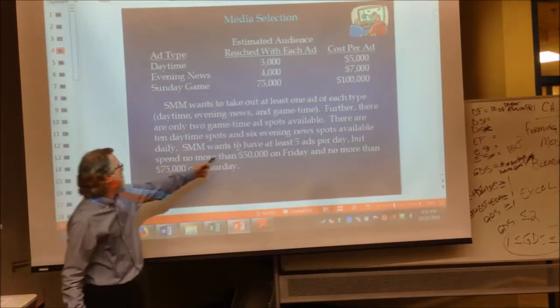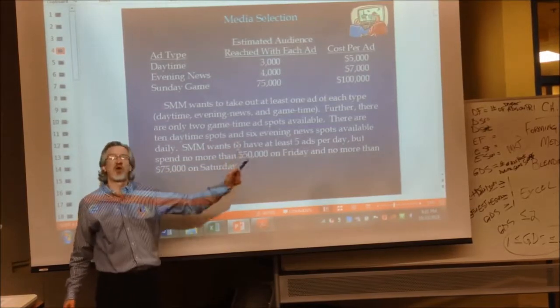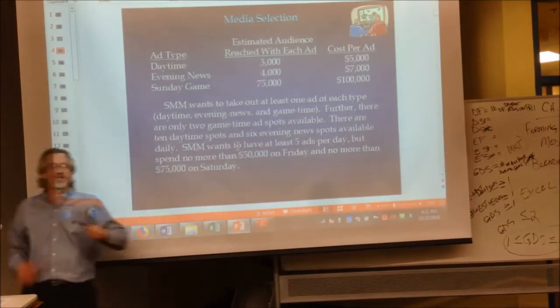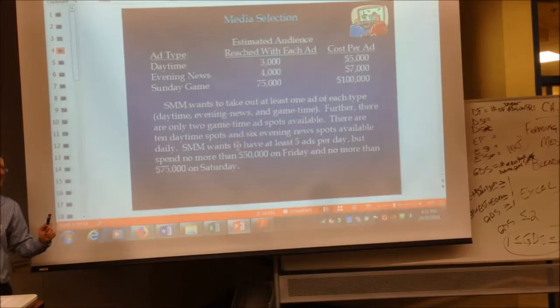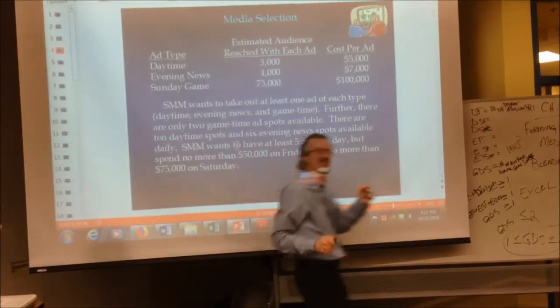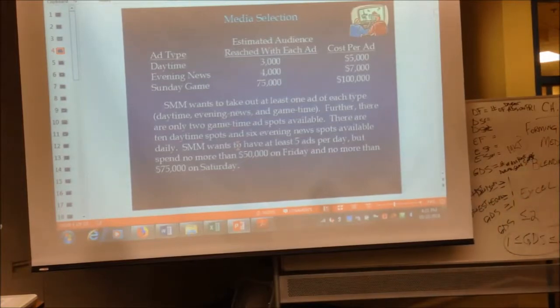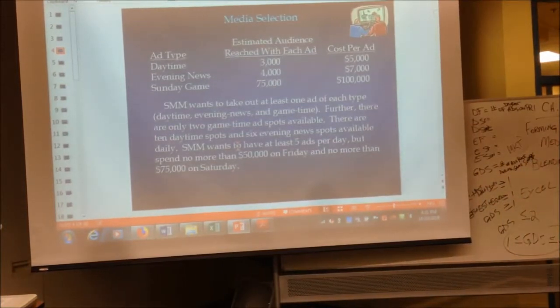The company has asked you to have at least 5 ads per day. Not daytime ads. It's saying 5 ads per day, whatever combination you're going to use. So is it less than equal to 5 or greater than equal to 5? Because it says at least, so greater than equal to 5. Now look at the words. The left-hand side has to be whatever variables represent these words.